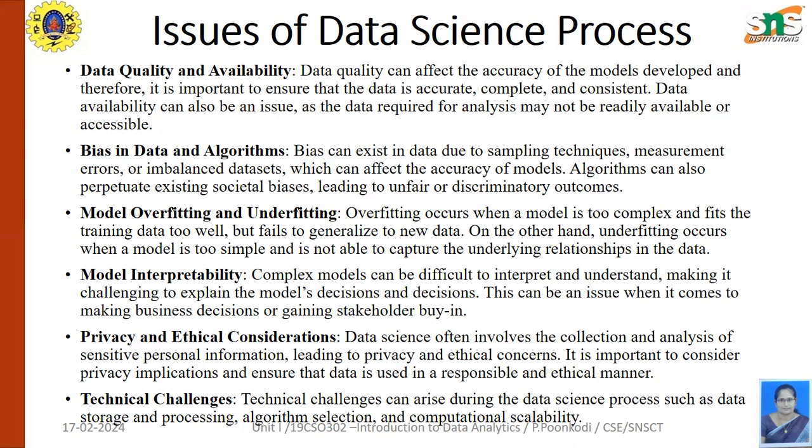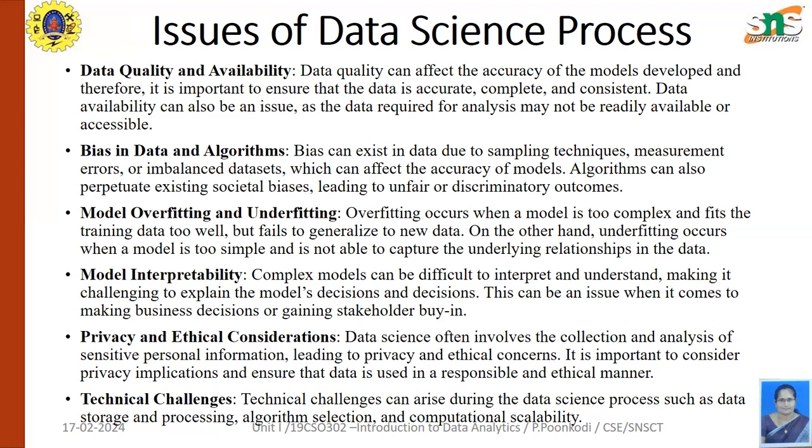Then model overfitting and underfitting. Overfitting occurs when the model is too complex, and underfitting may arise because our model is too simple. Okay. Then model interpretability. Interpretability means being able to interpret and understand. It is easy to understand if we give the simplest explanation. It is challenging if we have to explain that particular model's decision and how we can go with the decision making.